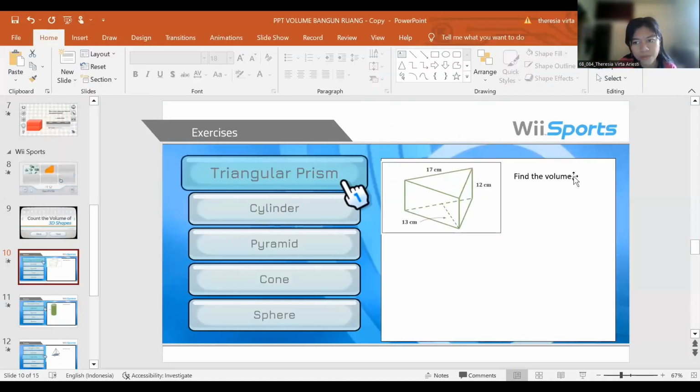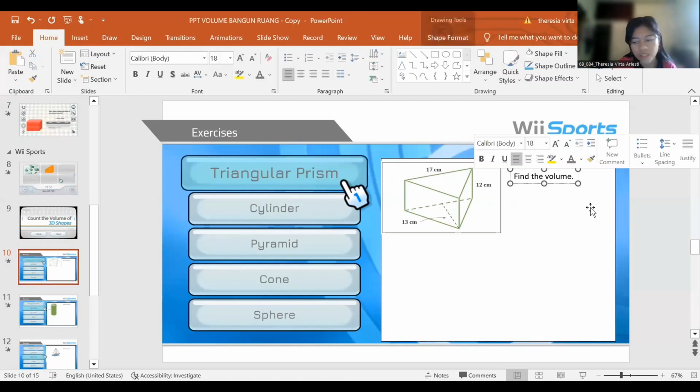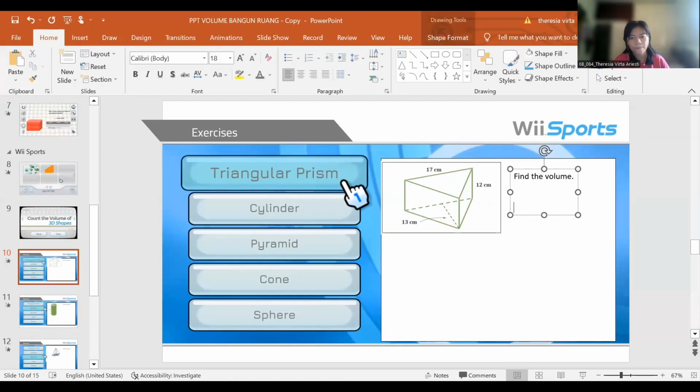The volume formula of prism and cylinder is base cross height. And look at the base. What does it look like? I mean the 2D shape. It's a triangle, right? It's a triangle.